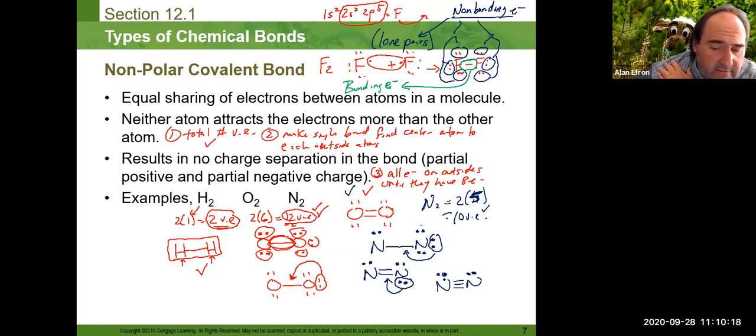Nitrogen on the left, 2 dots on top, and 4, 6, and 8 electrons with our triple bond in the middle. This is the correct structure for N2 and why we really have a triple bond in that case. We need to go to that triple bond level to get everybody to 8 so that they all have that noble gas configuration.